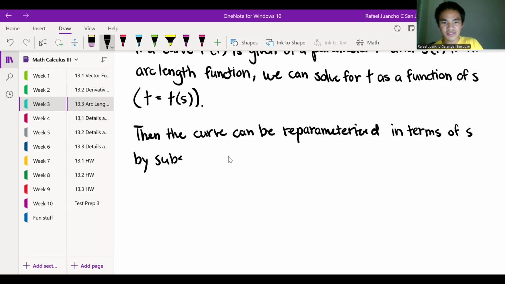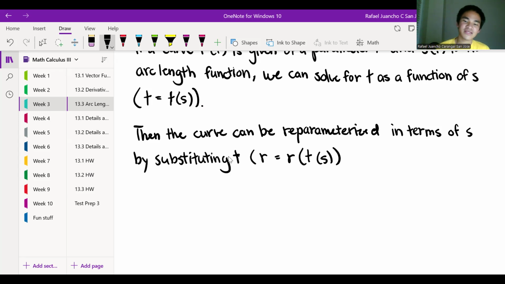By substituting t, we have R, our vector function, which is basically R of t of S. So that's what that's saying.